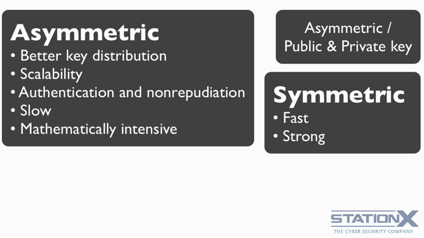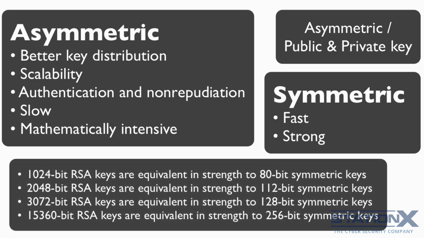If you look at the bit length of asymmetric algorithms, you'll notice that they're a lot higher than they are for symmetric key encryption algorithms. And this is an indicator of how much slower they are. It's back to the analogy of the number of locks on the door. With public and private key, there are many more locks on the door, so it takes much longer to encrypt and decrypt. So it's mathematically intensive for the CPU, which is why we have something called hybrid systems or hybrid crypto systems.